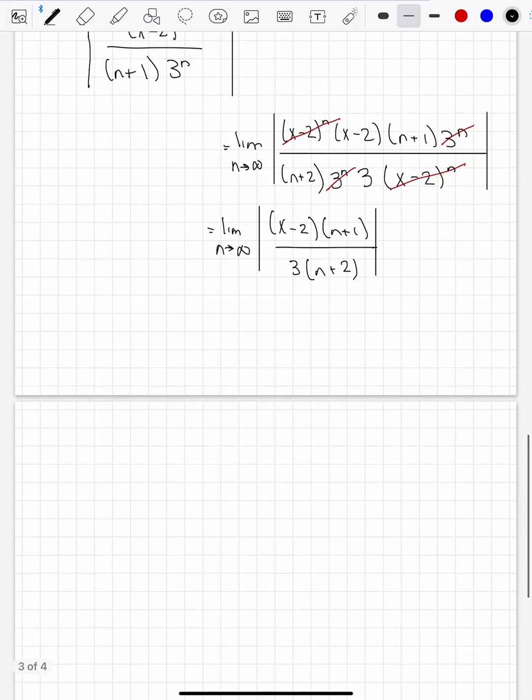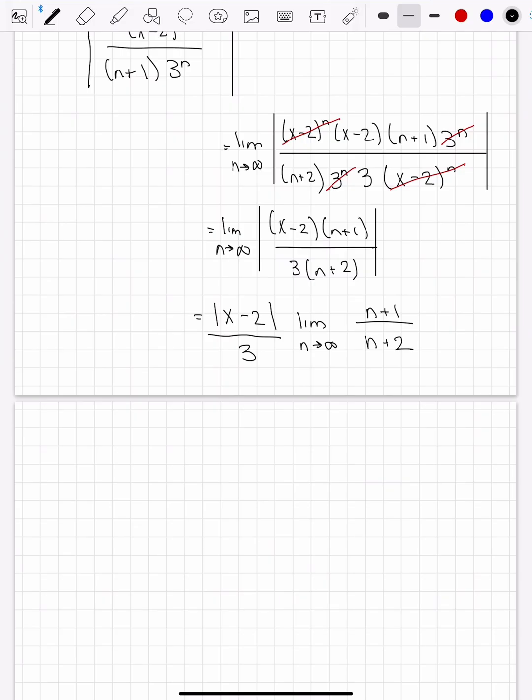Now remember that we can take out the x stuff because the limit is not on x, the limit is on n. So I'm going to take out the non-x stuff from the numerator and the denominator. And then what's left is n plus 1 over n plus 2.